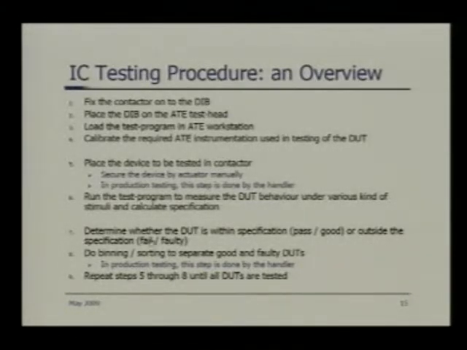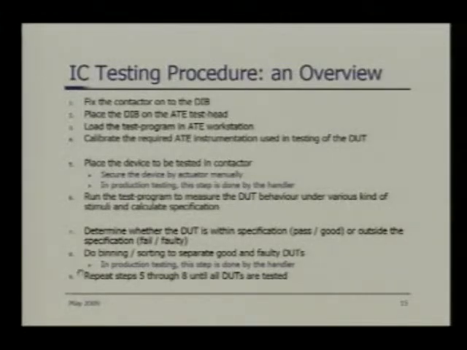And if it is passing that particular test, say the gain specification, you do the next test in the sequence until all the tests in the sequence for that particular device run out. When you are done with all the tests and you found that the circuit is meeting the specification, you declare the circuit is good. So you call it a good device or acceptable device, and that has to be binned out.